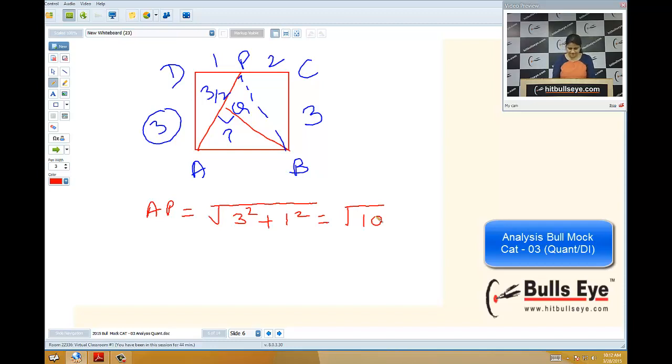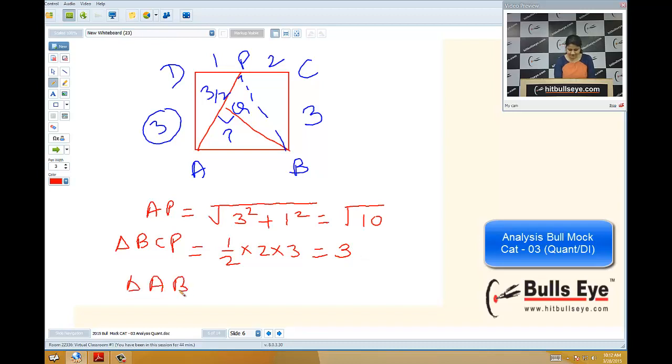Okay. What is the triangle APD area? This will be 3/2. What will be the BCP area? Now I'm taking triangle BCP. BCP is the same formula, half into base into height, half into 2 into 3. That is 3.